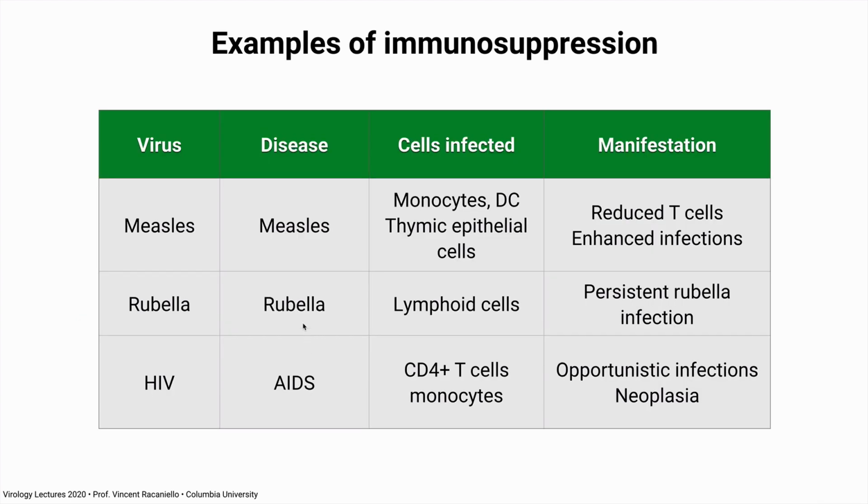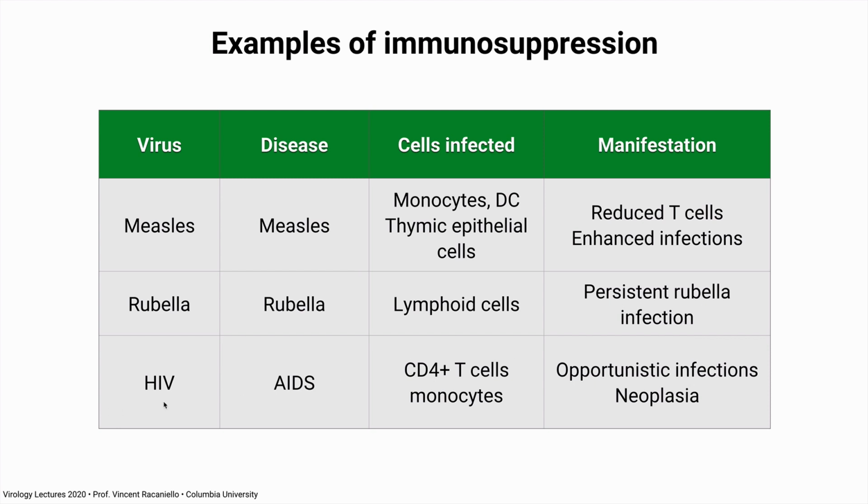Here are some viruses that cause immunosuppression. We talked about measles virus, which infects monocytes and dendritic cells, and causes a skewing of the CD4 helper differentiation, and it leads to reduced T cells and enhanced infections. Rubella virus infects lymphoid cells, and that leads to persistent rubella infections.